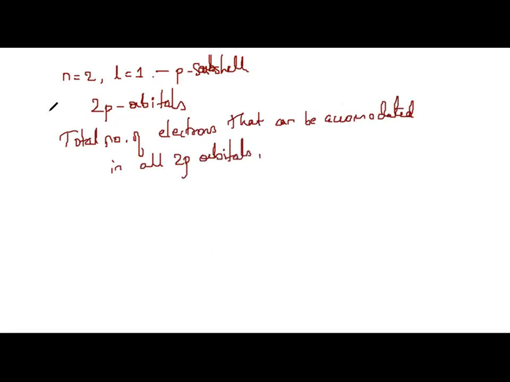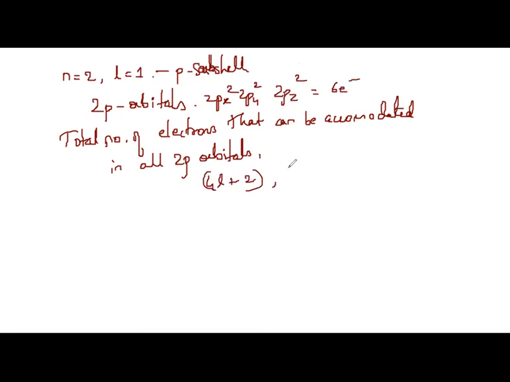See, rather than finding out that the 2p subshell has 3 orientations, 2px, 2py and 2pz, and each orbital holds 2 electrons, so the total number of electrons comes out to 6, you can use this formula, 4l plus 2.